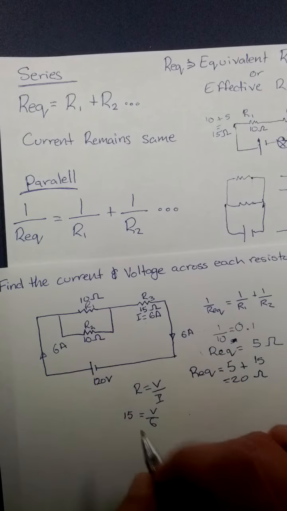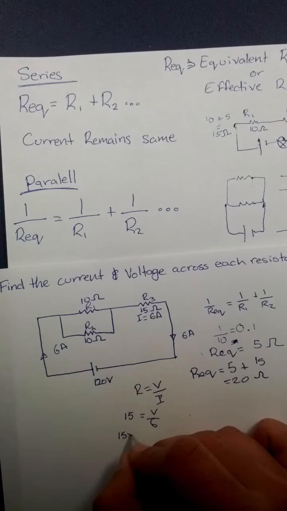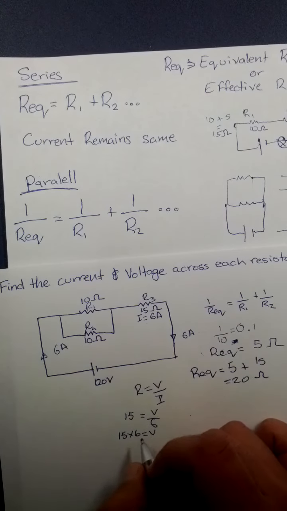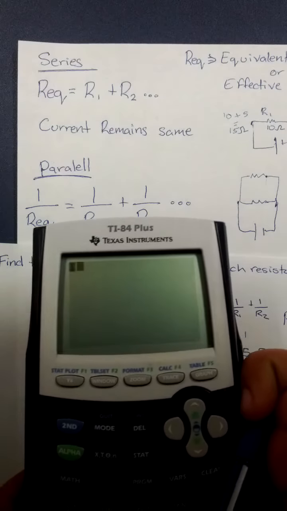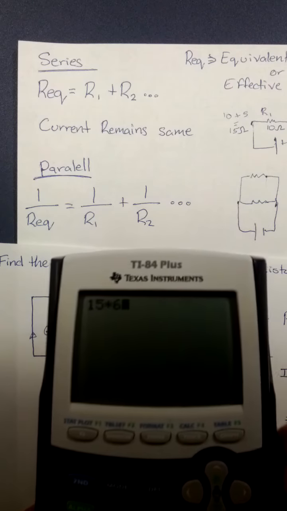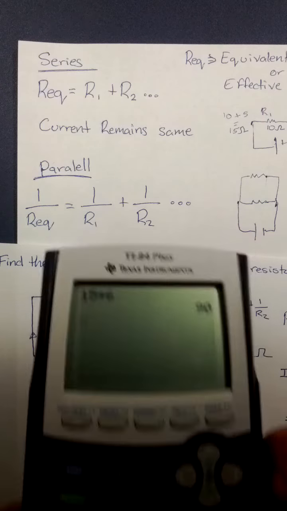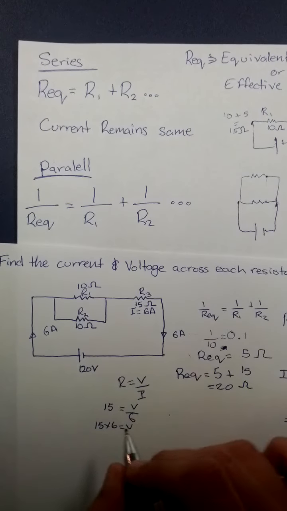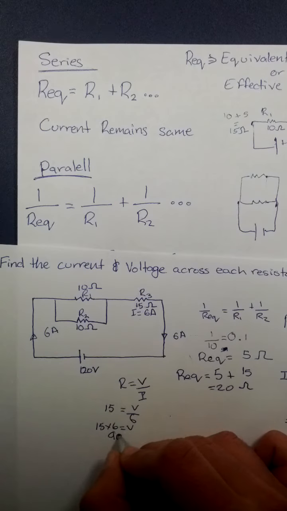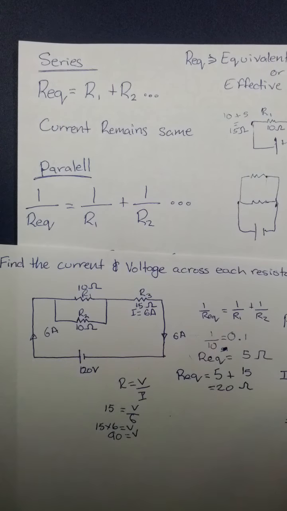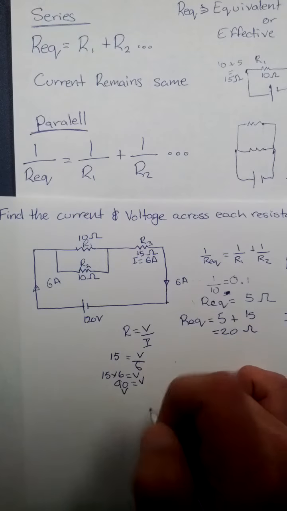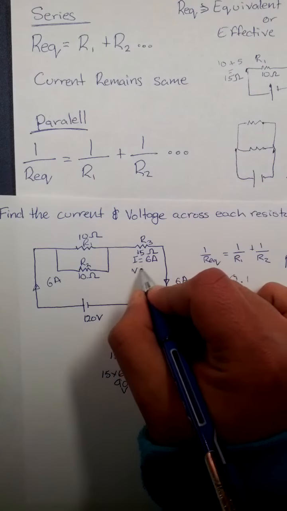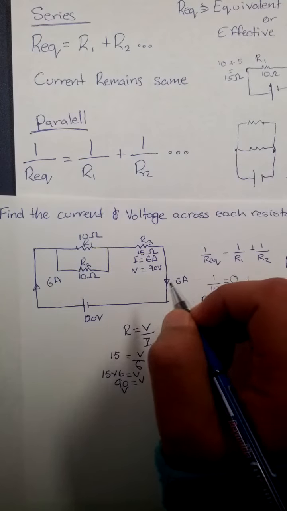So from algebra, we should know that 15 times 6 equals V, and let's use our calculator, 15 times 6 equals 90. So V equals 90 volts, and remember, this is going to be in volts.